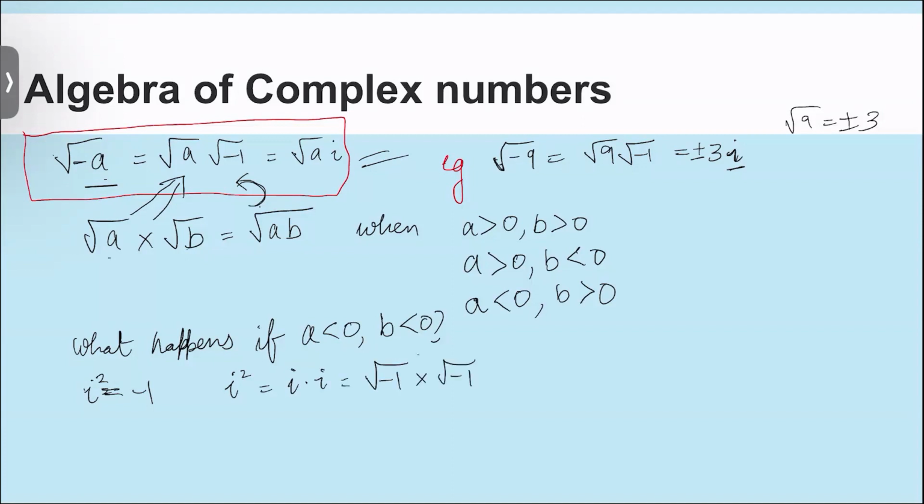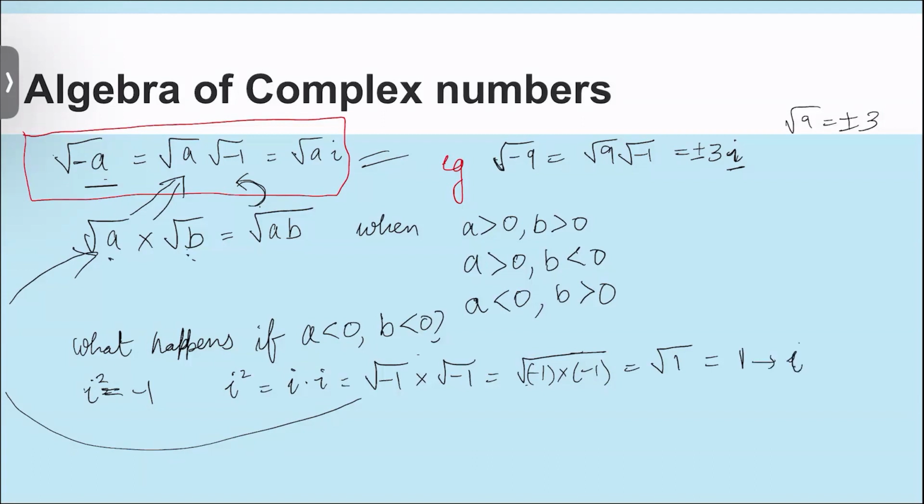If you follow this form over here and take both of the numbers under one square root, then what you get is root of minus 1 into minus 1. But now this minus 1 into minus 1 changes into the positive, and what you get is root 1, which is 1. So if we solve it in this manner, then i squared is not equal to minus 1. This is a contradiction that we face.